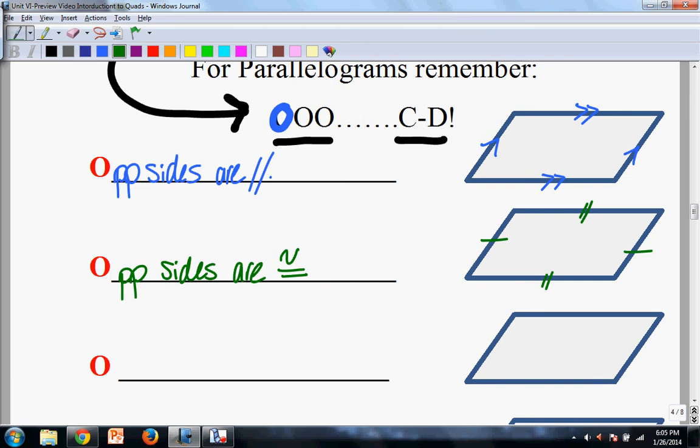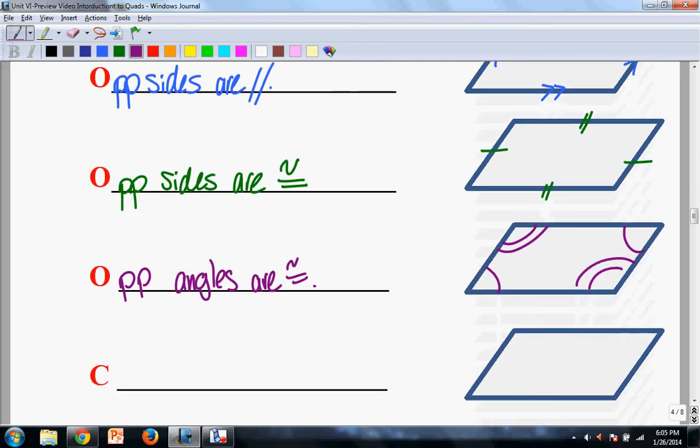That's the second property of a parallelogram. Third property, opposite angles are congruent. So angles that are opposite of each other are going to be congruent. So it's opposite, opposite, opposite, 3 opposites. Opposite sides parallel, opposite sides congruent, opposite angles congruent.